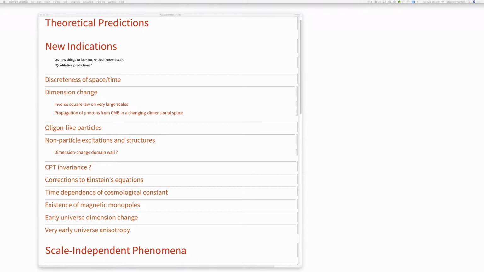There's a thing of cosmological tests of causal sets. I don't understand why propagation. Let's see.